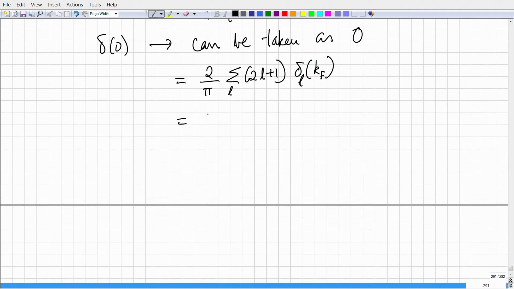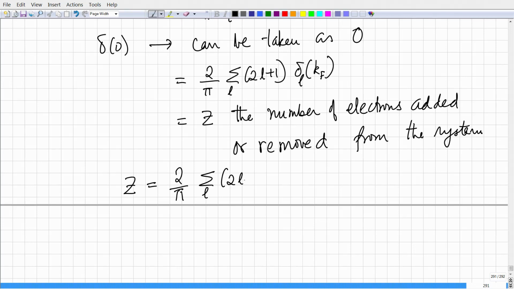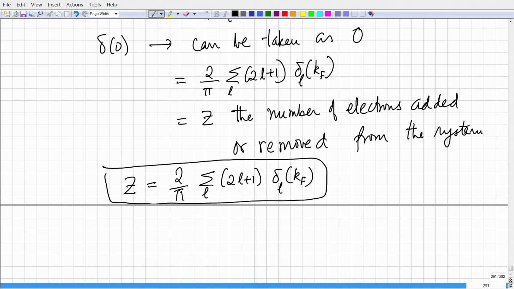This should be equal to Z, the number of electrons added or removed from the system. So, we have Z is equal to 2 by pi sigma over L, 2L plus 1, delta L Kf, which is known as the Friedel sum rule.